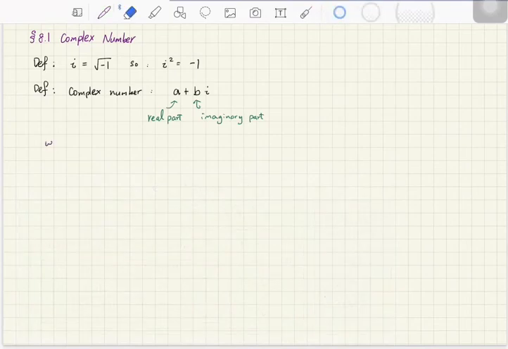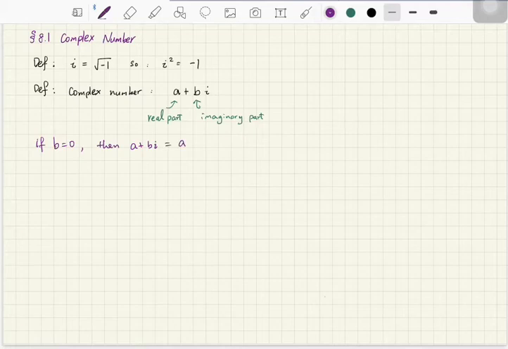So when b equals 0, then a plus bi is going to be just a, which is a real number.